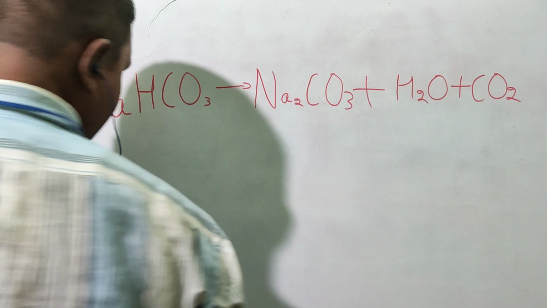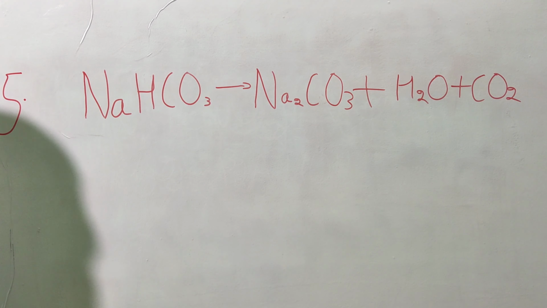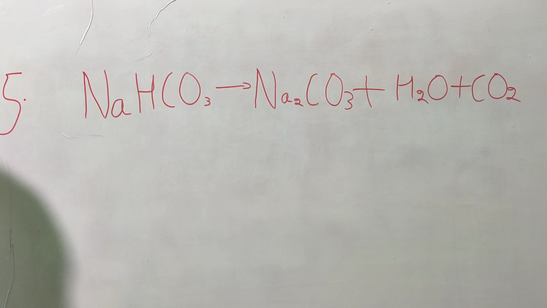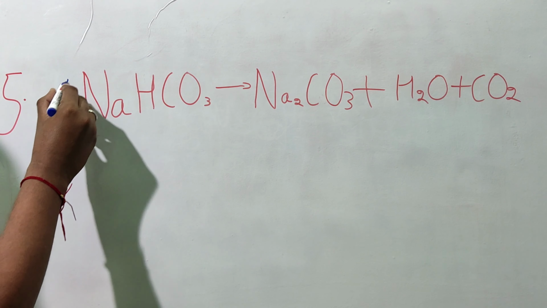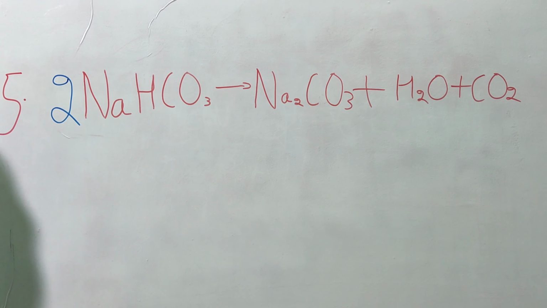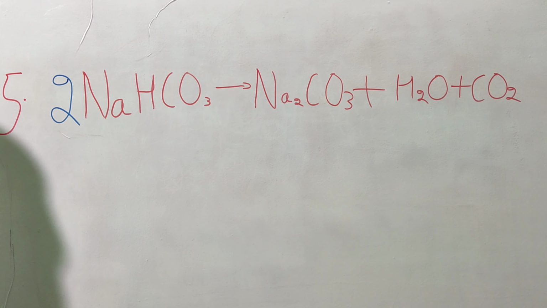Next question is NaHCO3 gives rise to Na2CO3 plus H2O plus CO2. First, sodium is unbalanced. Sodium is 2 in the product side and 1 in the reactant side. So balance by entering 2 on the reactant side. Now check carbon.